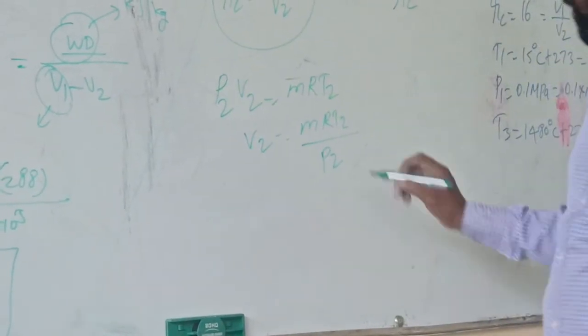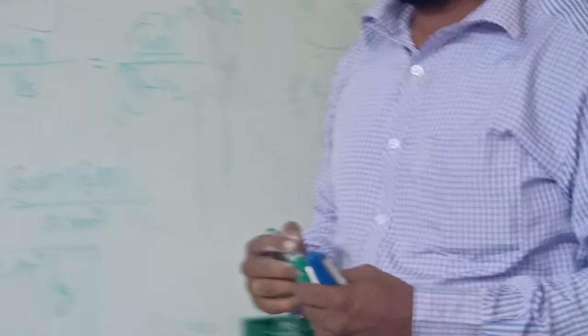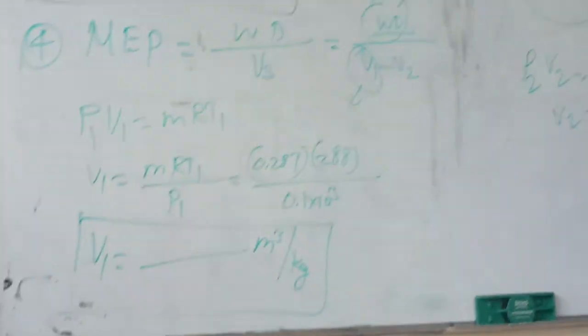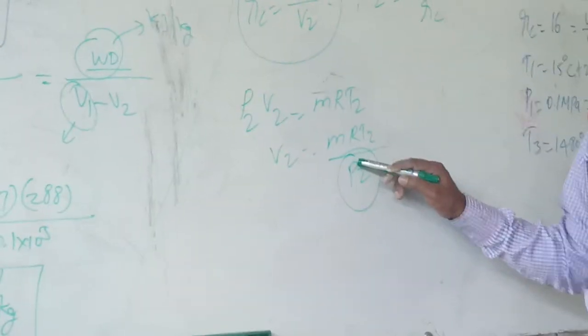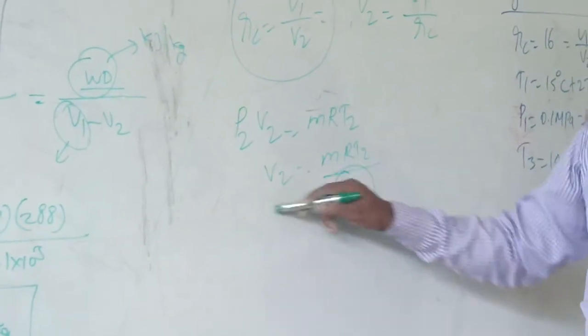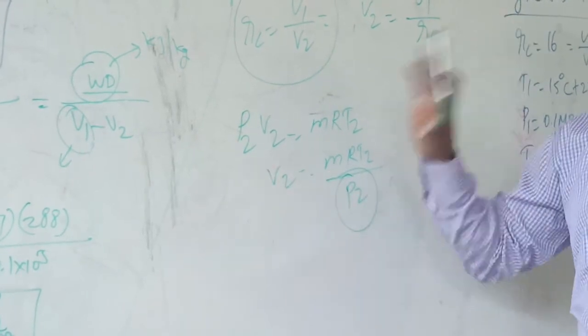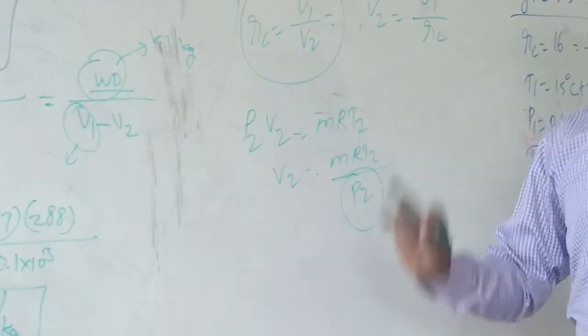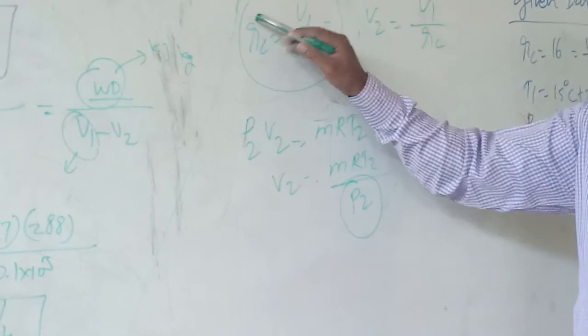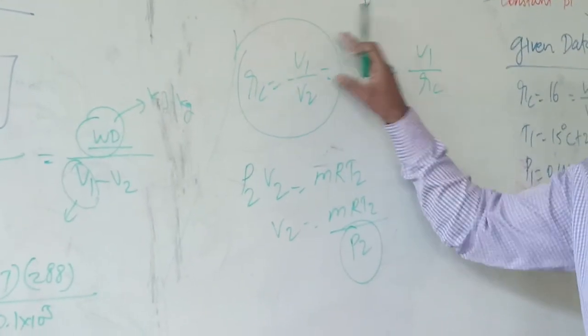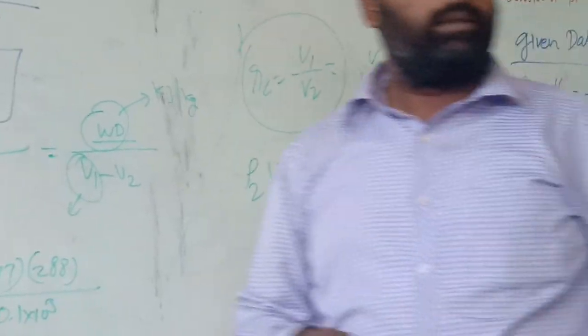In this problem we are not calculating P2. If you know P2 and T2, directly you can find V2. But in most of the problems, they will give the compression ratio, so we can go for V2 using RC equal to V1 by V2.